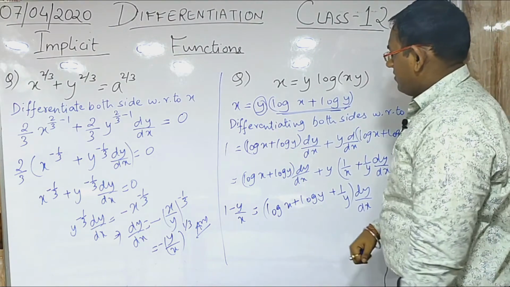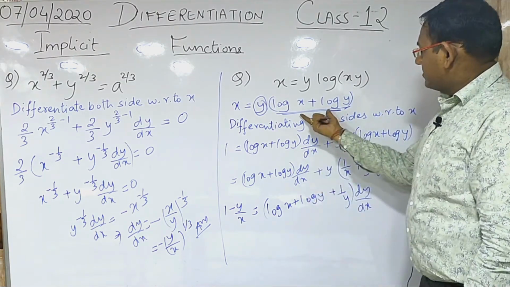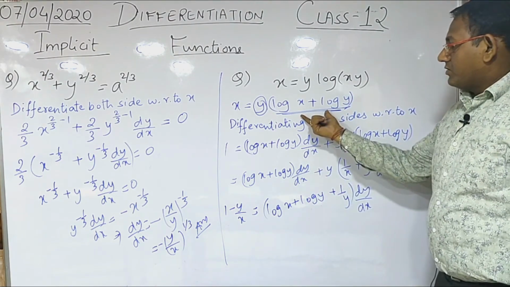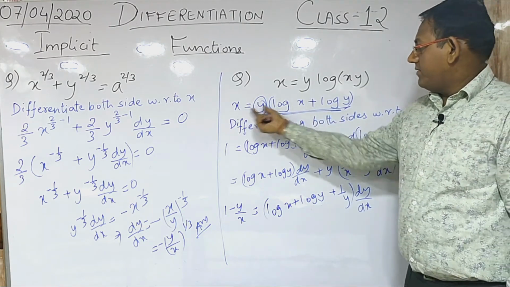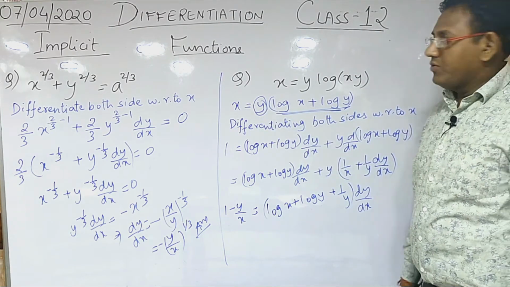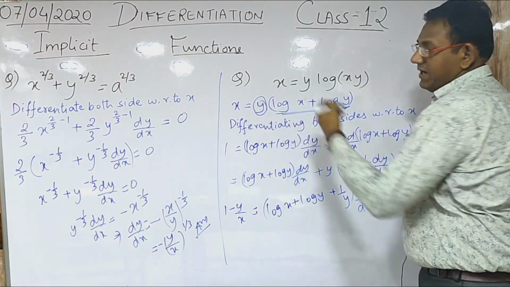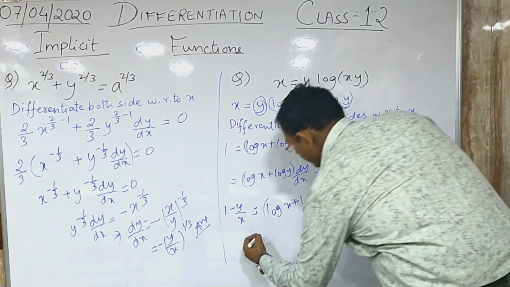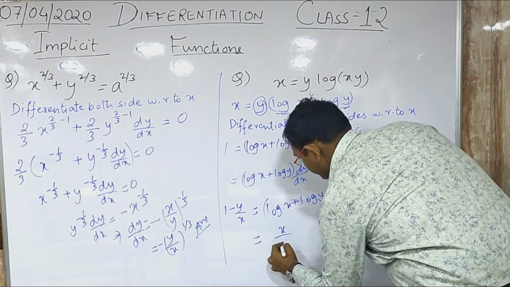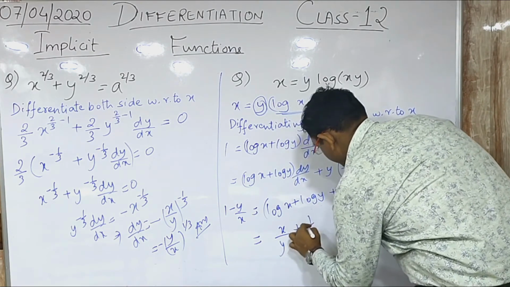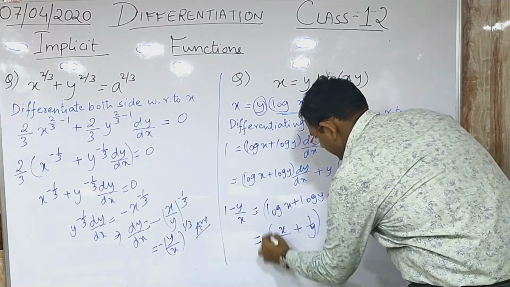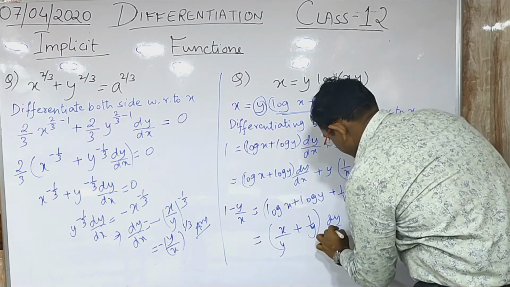Now if you can figure out, this log x plus log y was already present in the first equation that is given to you. From here we can say that log x plus log y is x by y. So basically we can write this as x by y plus 1 by y dy by dx.